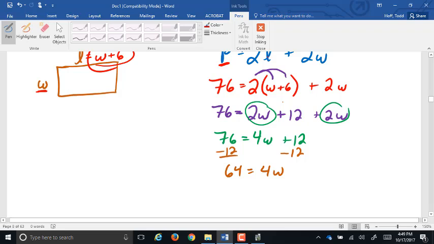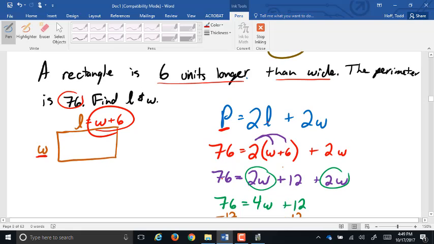And then divided by 4, 16 equals W. What do we need to do with that? The width is 16. I still need to find the length. Perfect, 16 plus 6 is 22 is the length.